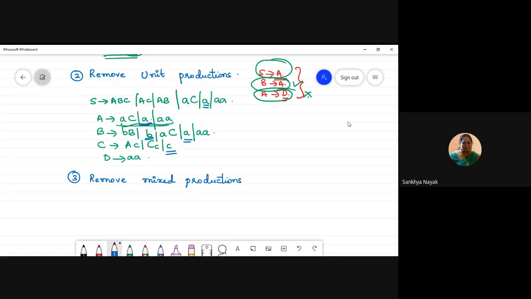All others, if you have a combination of terminal and non-terminal, or two terminals, convert them to non-terminals. Why? Because CNF says you can have a non-terminal deriving a terminal or non-terminal deriving non-terminals. Correct? So that's why we are preparing the right hand side to this format. Okay? So do it.